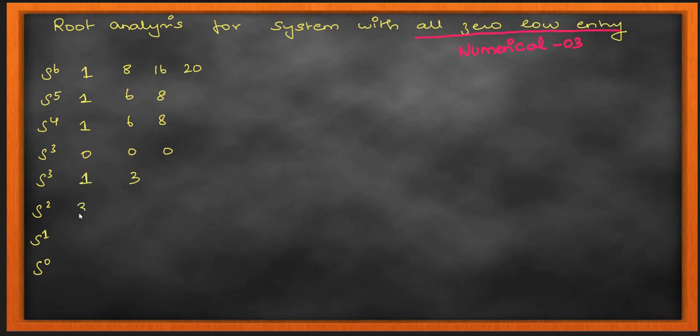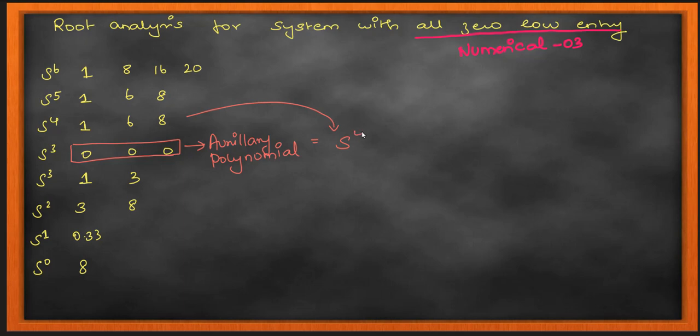Here in this case, my S3 row consists of all zeros, right? So how do we do the root analysis? This is a stable system, which means by my previous notion all the roots must be on the left side, because there is no sign change and all are positive in the first column. But there is this auxiliary polynomial, which must be taken care of.